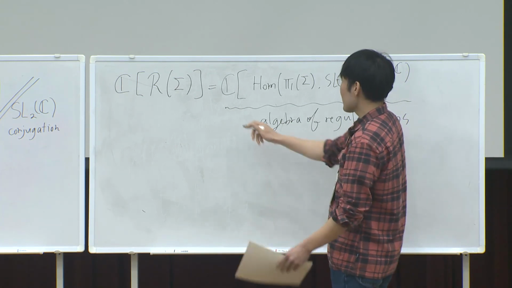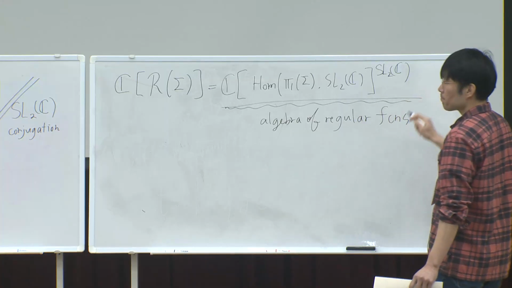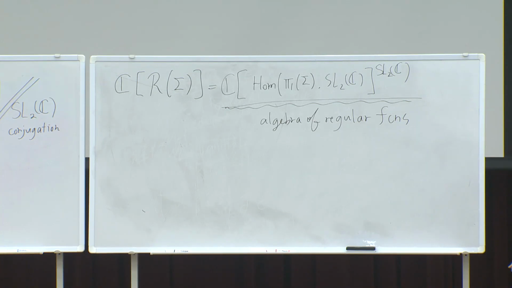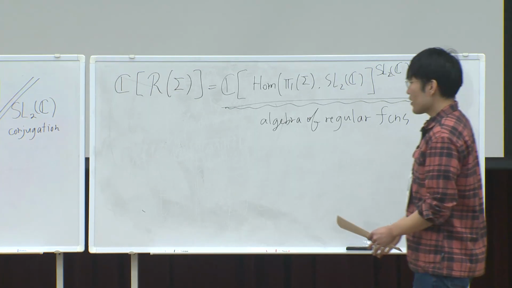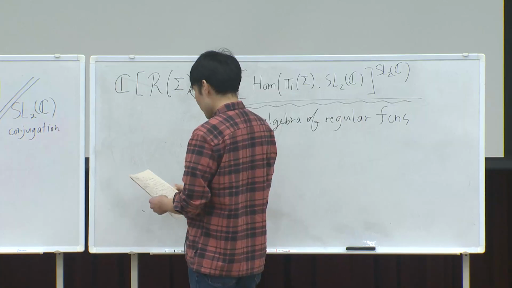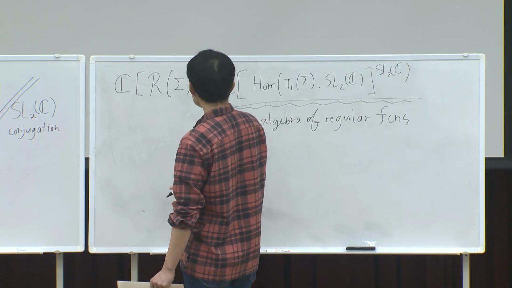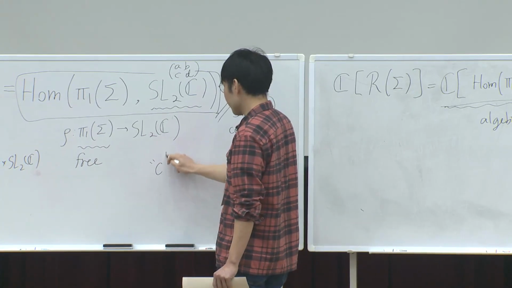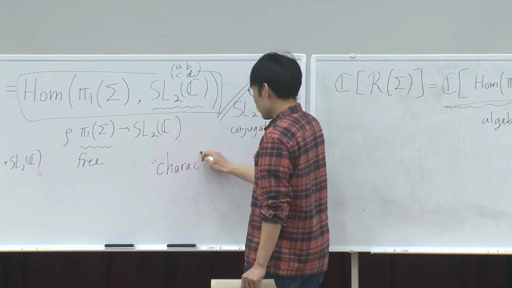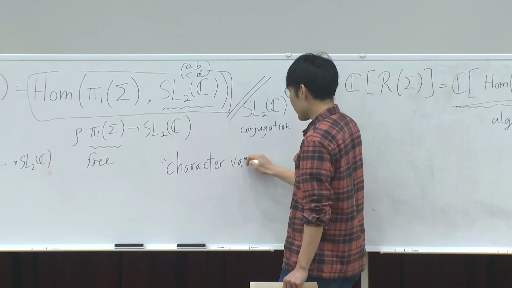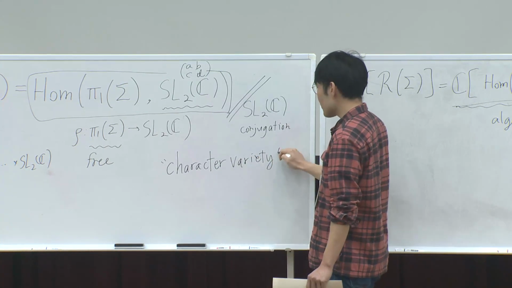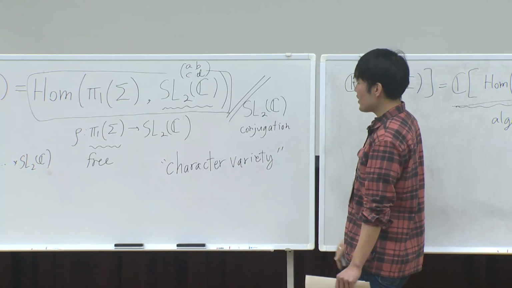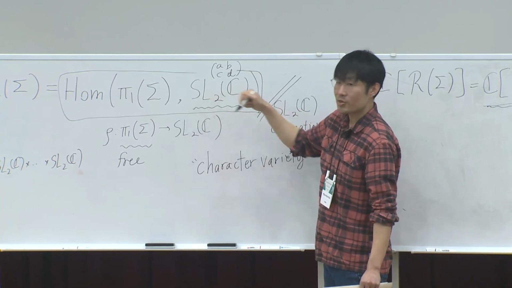And so you can ask how to describe this ring. There's a most natural kind of function that you can create as follows. But before going there, let me give a name. As I said, this is usually called the character variety, or more precisely, in this case, the SL2C character variety of the surface, because you can actually do the same thing with any algebraic group.